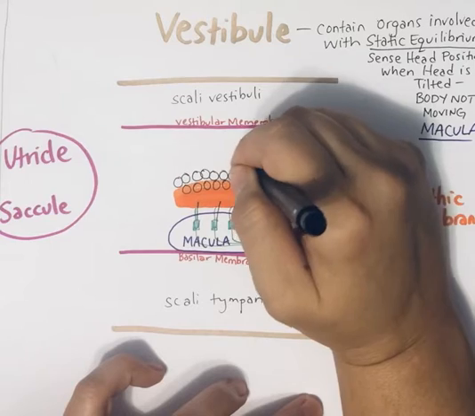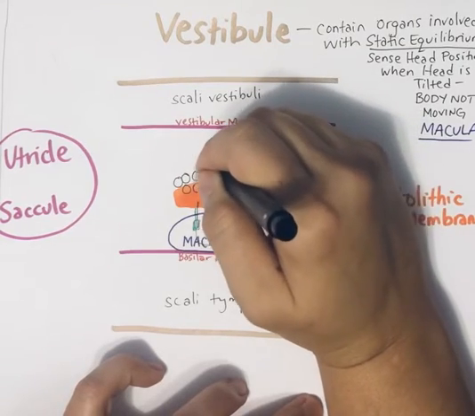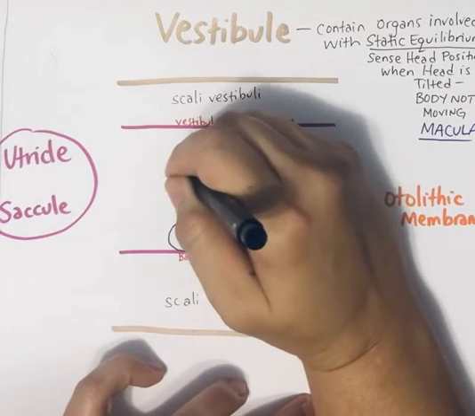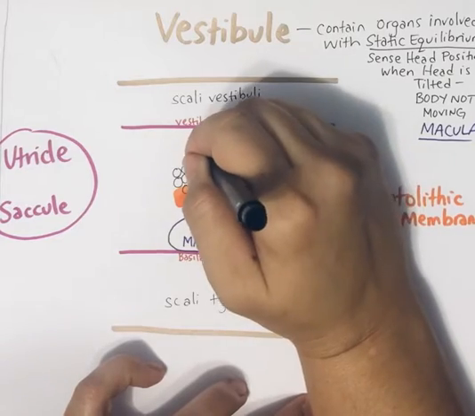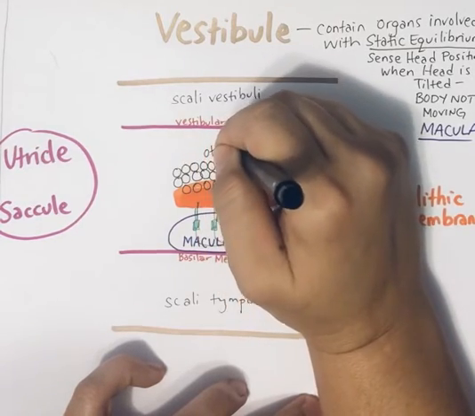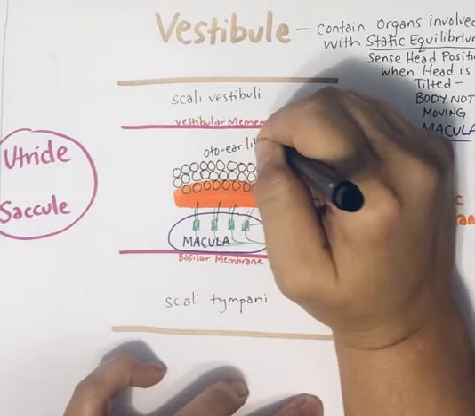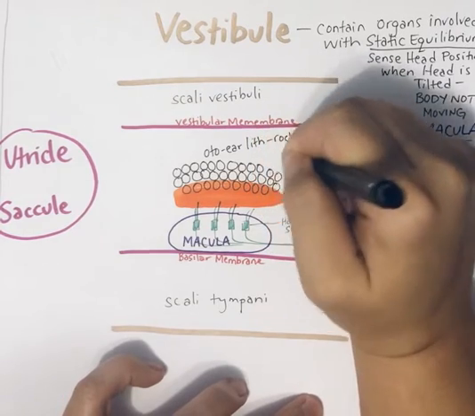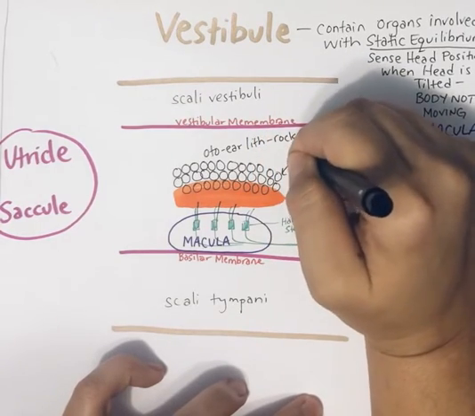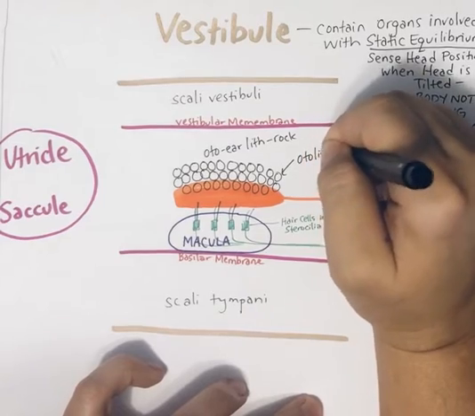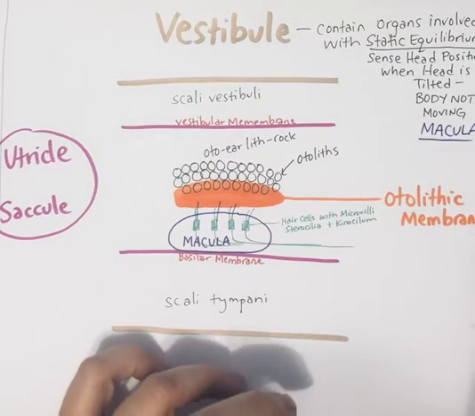Otoliths are literally ear rocks made out of calcium carbonate. Oto means ear, lith means rock, and these are your ear rocks known as otoliths. Now, they are made out of calcium carbonate.